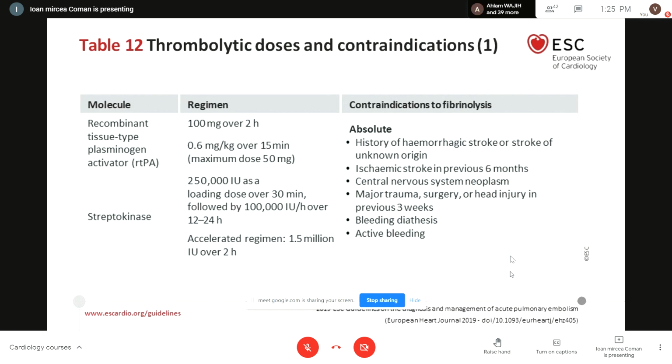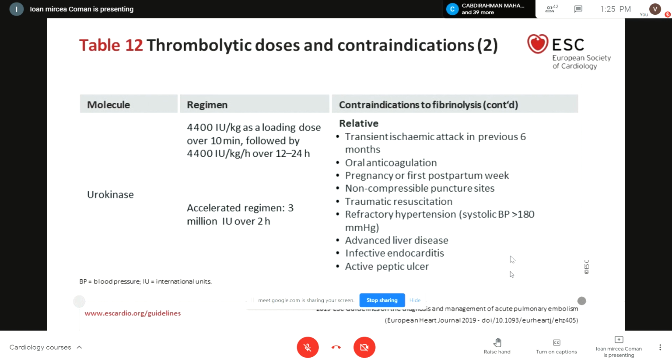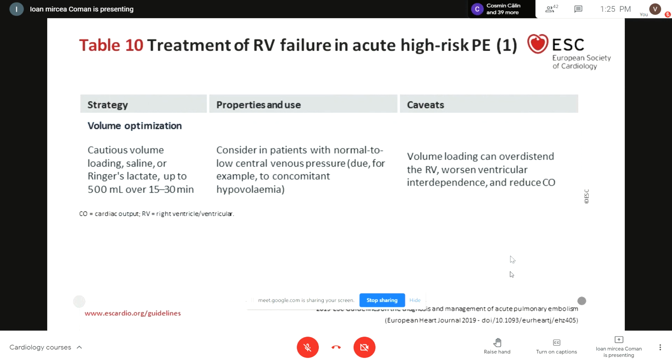You can find them in any instructions, but just look a bit at the absolute contraindications, meaning recent stroke, central nervous system neoplasm, recent major trauma, surgery or head injury less than 3 weeks ago, active bleeding. And of course, there are also some relative contraindications. Here you can balance between the benefit and the risk of giving this medication.